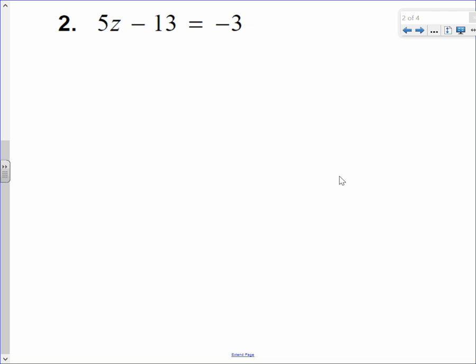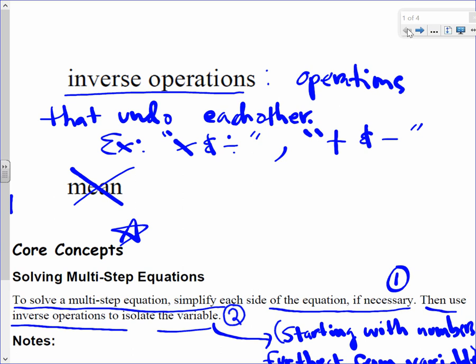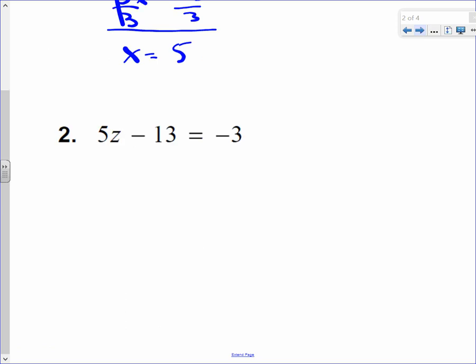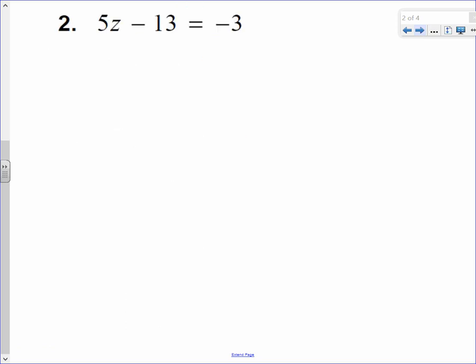What's another way to say what you're trying to say? They're not like terms, so you're right. I want to hear like terms. 3 I can't simplify, so let's go to step 2. Step 2 says inverse operations, isolate the variable, starting with the numbers farthest from the variable. The number farthest from the variable is going to be the 13.